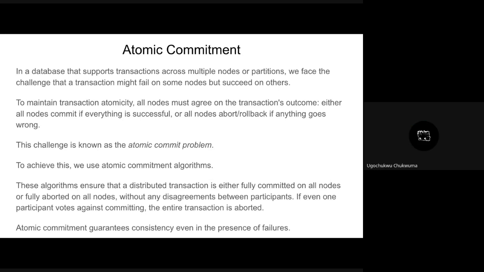Another thing I had to understand to figure this out, and understand why it's important for both the replicas and the partition databases, is the fact that a transaction is actually a list of actions that would happen, not just one. For example, a transaction could be to make a transfer from one account to another. To debit this account, you have to make sure the money is credited on the other account.